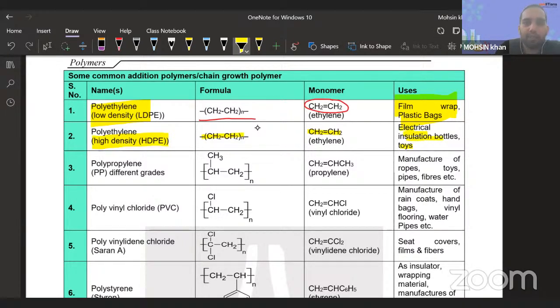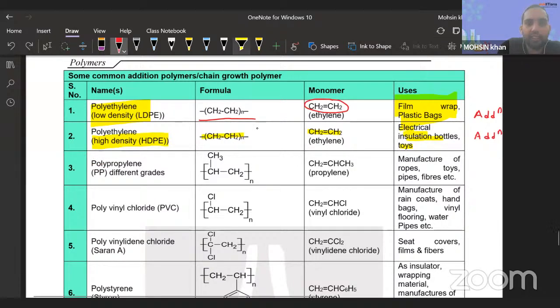Polyethylene is an addition polymer, so both types of polyethylene are formed by addition polymerization. Next we have polypropylene.